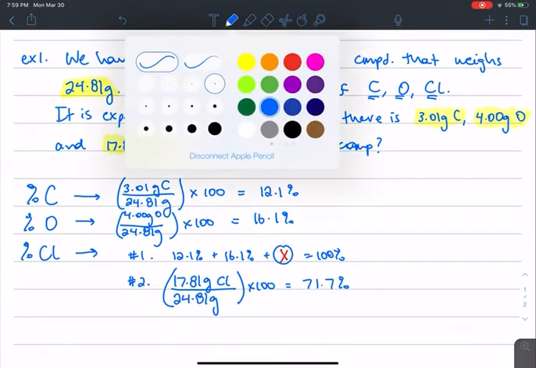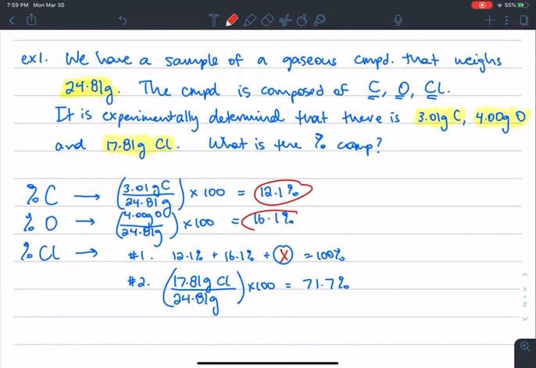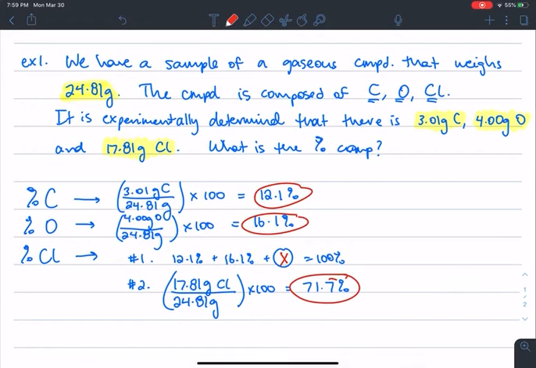And so that has gotten us to our final answer. What we did was take the weight of each element and divide it by the total weight, which in this example was 24.81.